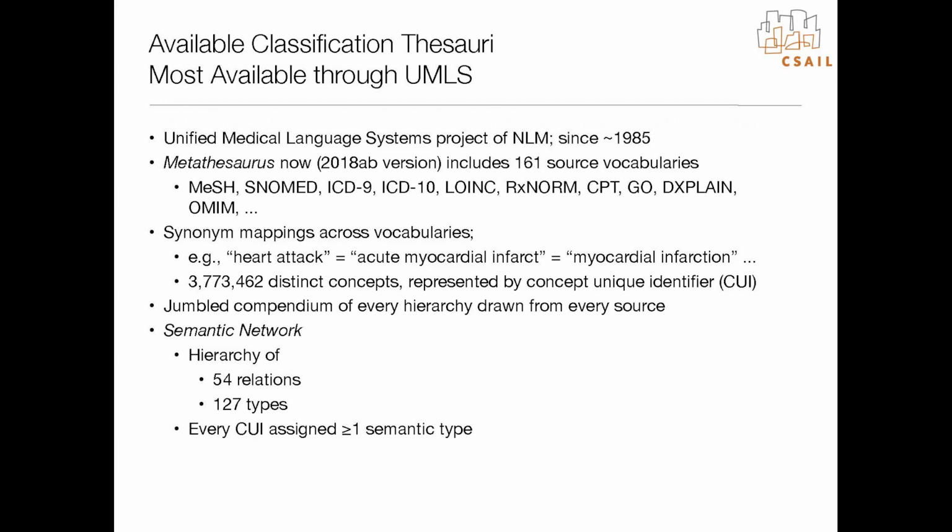So it's not really a thesaurus because it's not completely well integrated, but it does include all of this terminology. And then they spent a lot of both human and machine resources in order to identify cases in which two different expressions from different terminologies really meant the same thing.